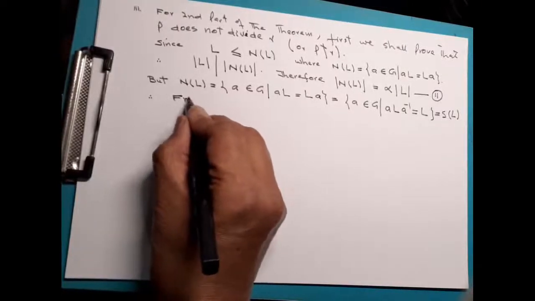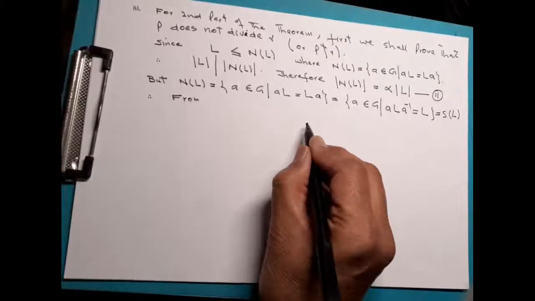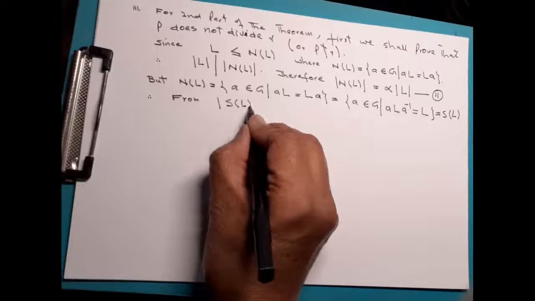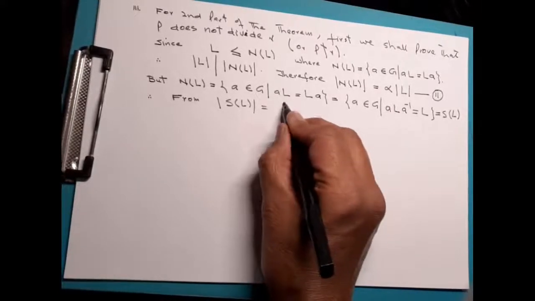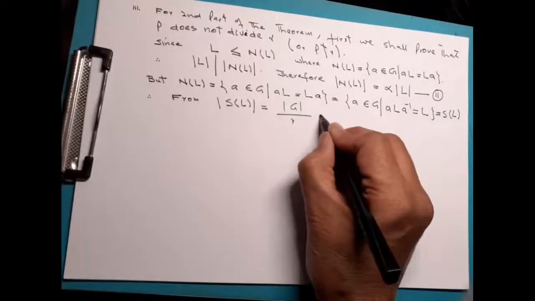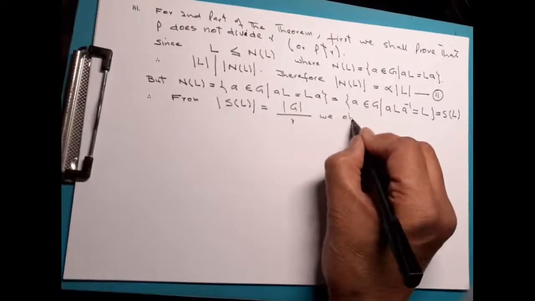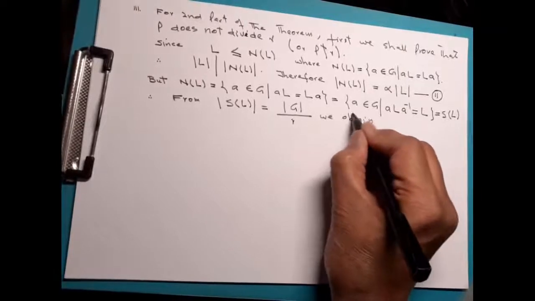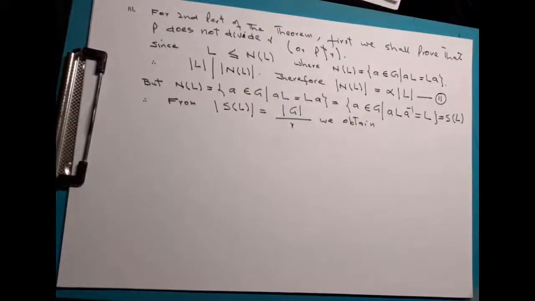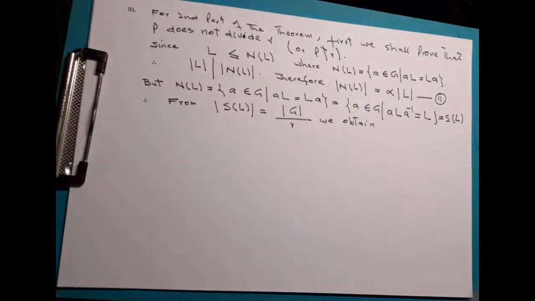We have earlier noted that the number of elements in the stabilizer is equal to the number of elements in the group G divided by R. We obtain, instead of placing NL here, from 2 we obtain this particular thing.